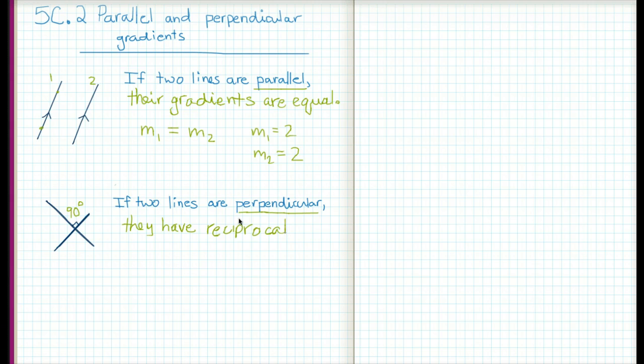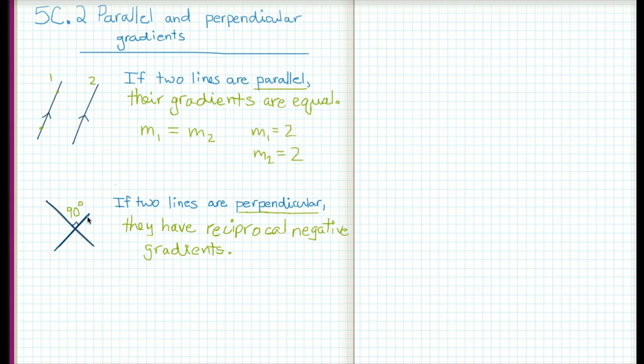So reciprocal, maybe that's a word you've heard before, I hope so. And negative is certainly one you should remember. Gradients. Let's start with negative.